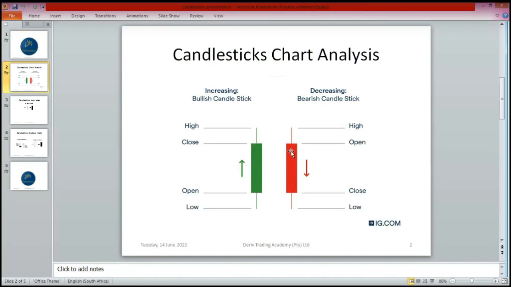Just by looking at a candlestick, you get information about the opening price, the highest price reached, this one here, the lowest price reached, this one here, and the closing price of that particular instrument on that particular time frame. This closing price here.